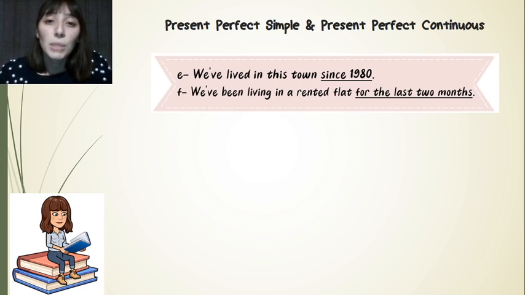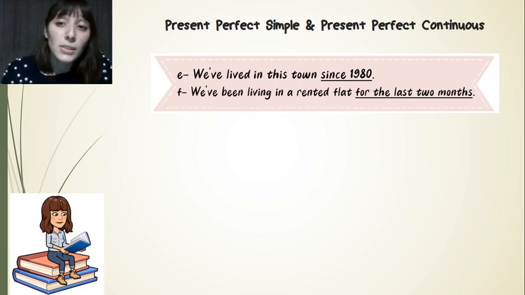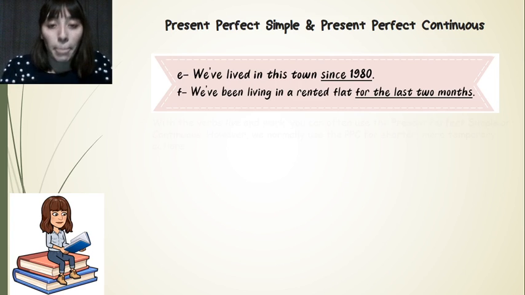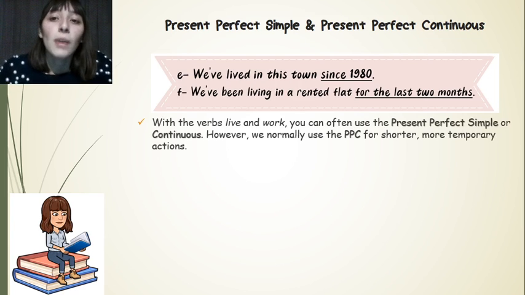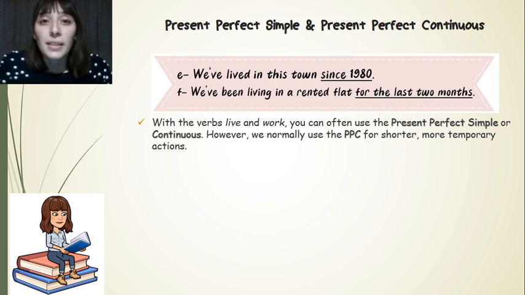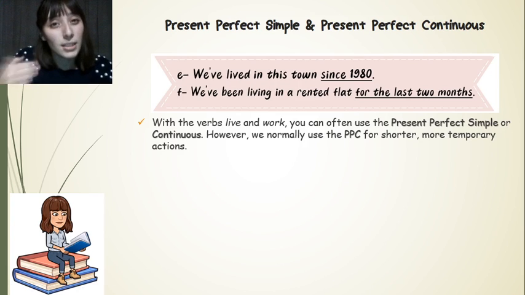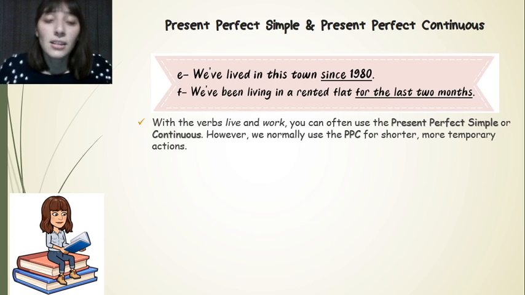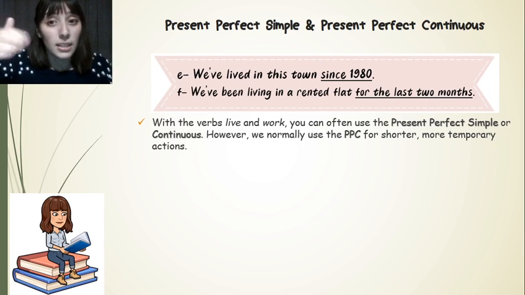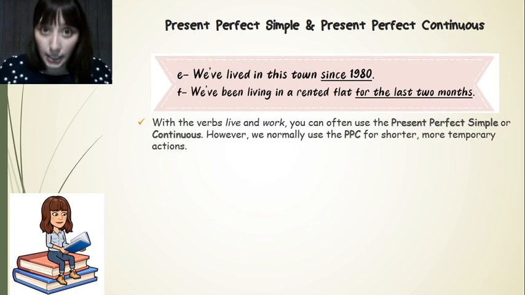Both can be used either with the present perfect simple or the present perfect continuous, but here you have to think that we normally use the present perfect continuous for a shorter and more temporary action. For example, in situation F, we've been living in a rented flat for the last 2 months. It is a short time. And in example E, it is a longer time, since 1980.